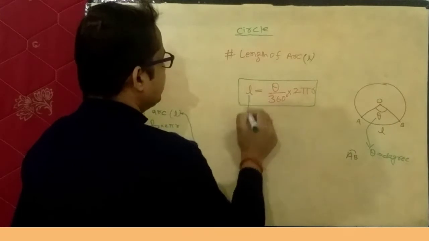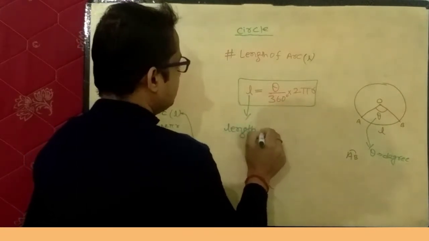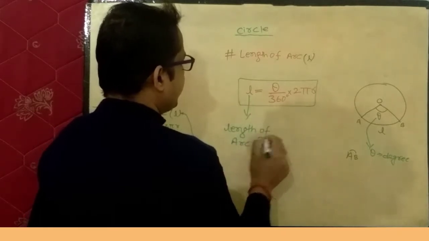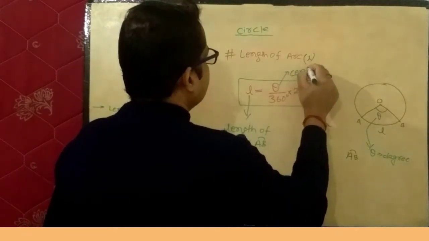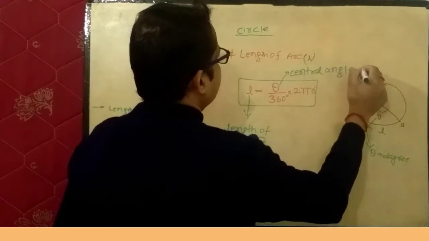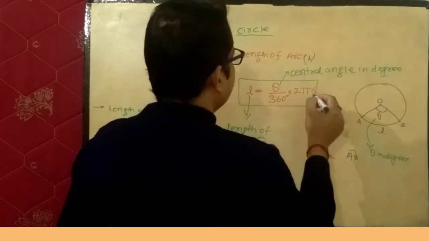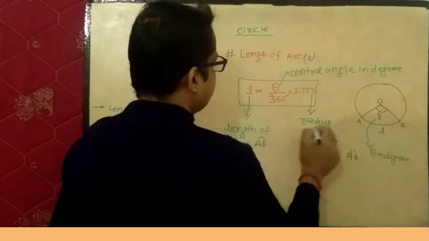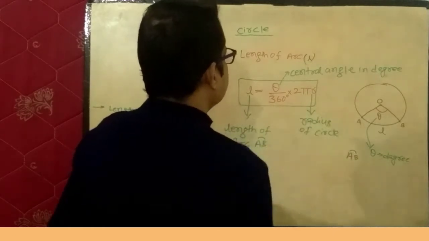So here l is the length of arc AB, theta is the central angle in degrees, r is the radius of the circle.